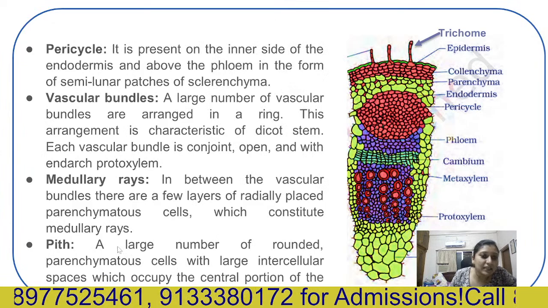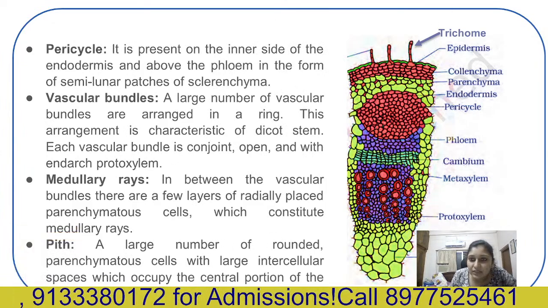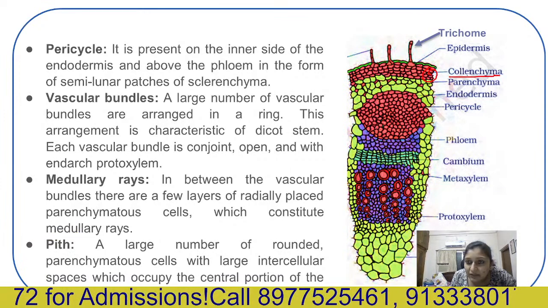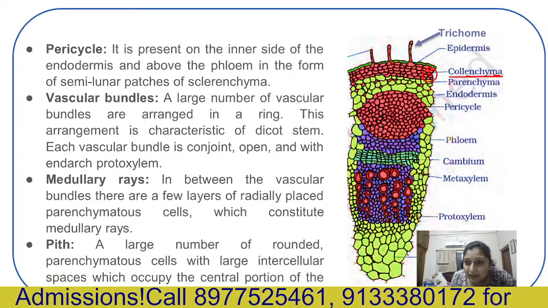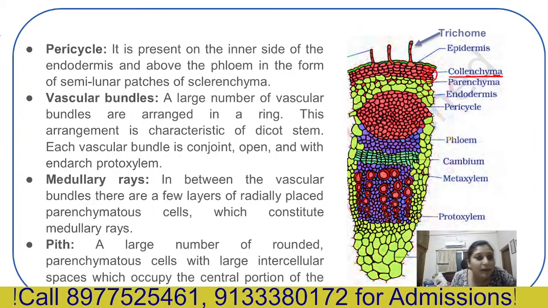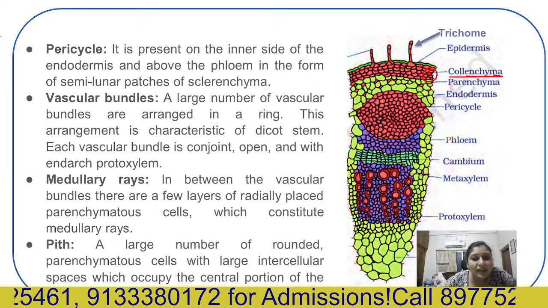This is the epidermis layer, and these are collenchyma. Then parenchyma, then the innermost layer of the cortex. Then comes the pericycle, which forms semi-lunar patches of sclerenchyma cells.